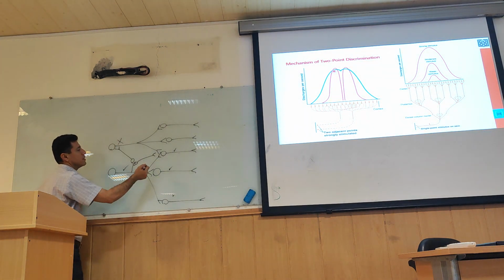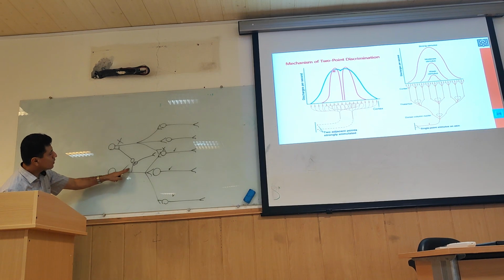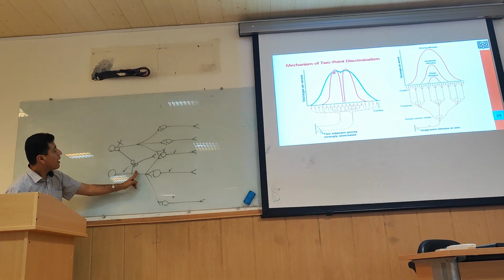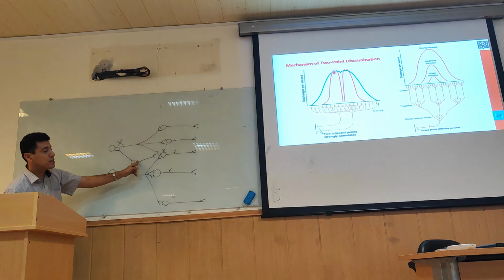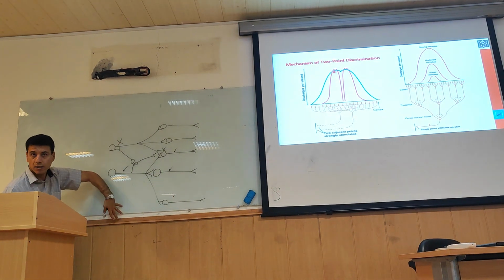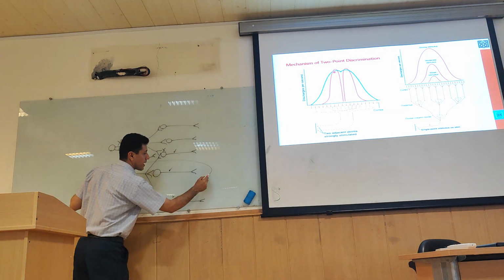So this one is inhibited. So we call this lateral inhibition. A collateral activates interneurons, and interneurons inhibit nearby neurons. So what is the result? Only the central neurons are activated.